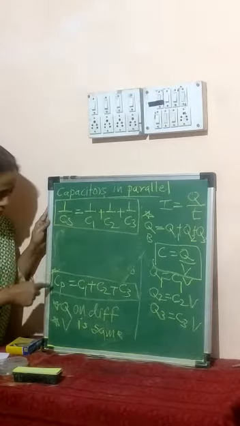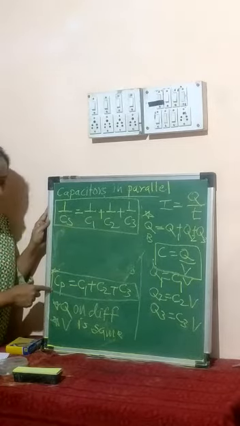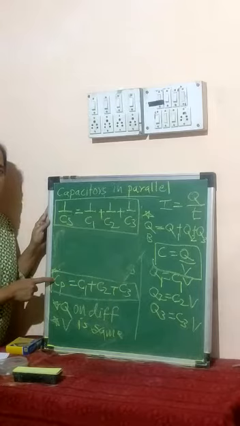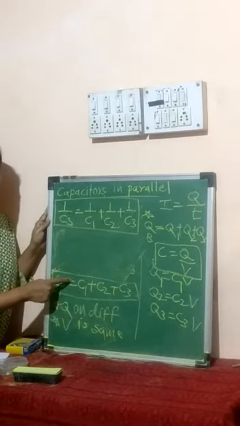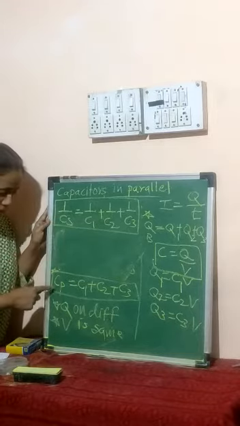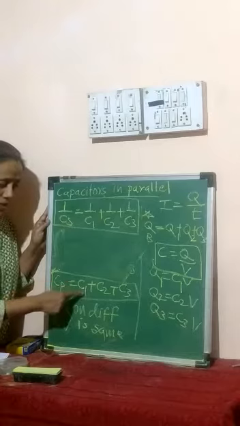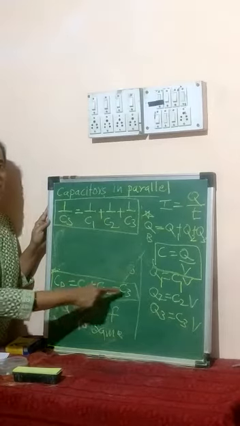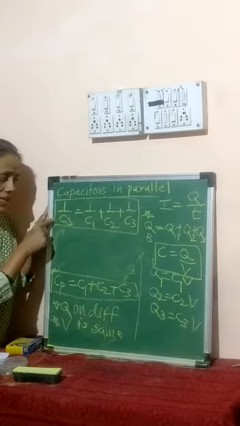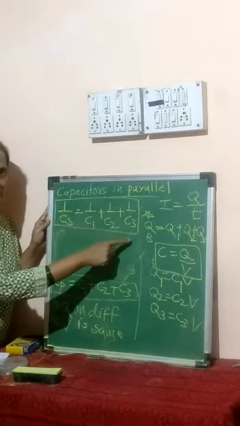If you observe these two equations, what is our conclusion? The parallel combination can be used to increase the capacitance of the circuit, and the series combination can be used to decrease the capacitance of the circuit.